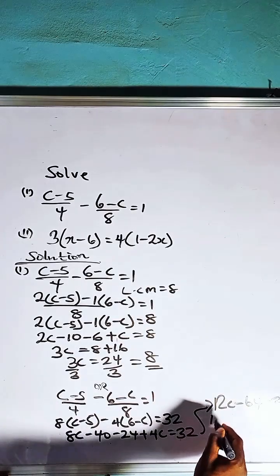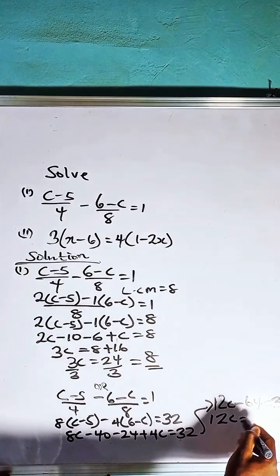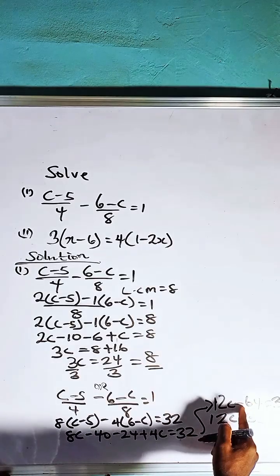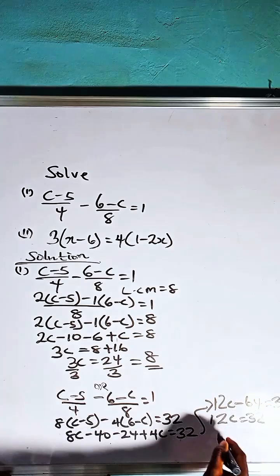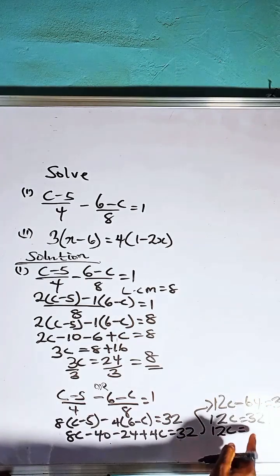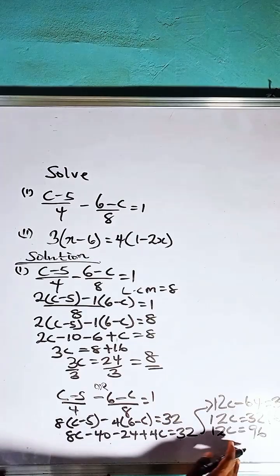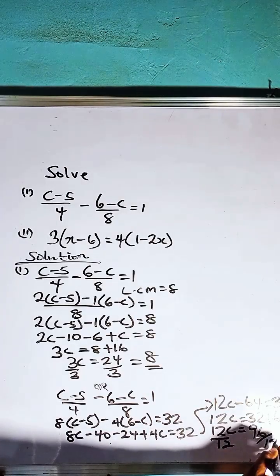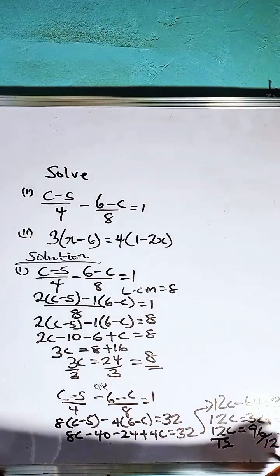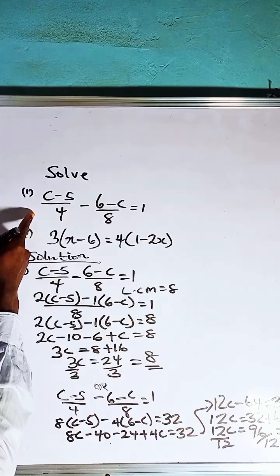We add 64 to both sides, so 12c equals 96. We divide both sides by 12, which is the coefficient of c, so we have c equals 8. So by either of these two ways, we get the value of c in equation 1.